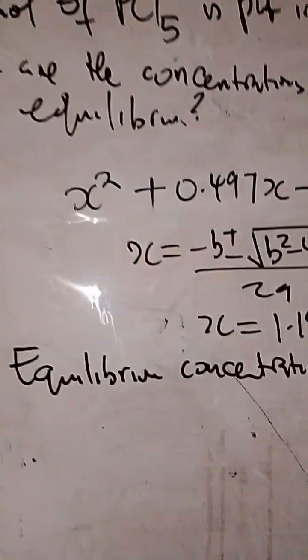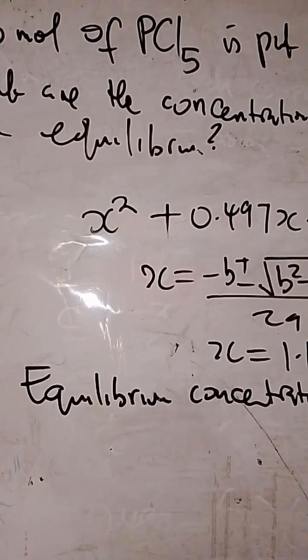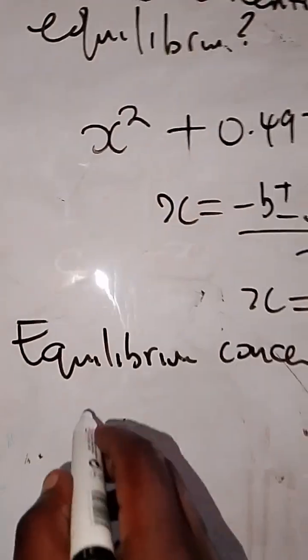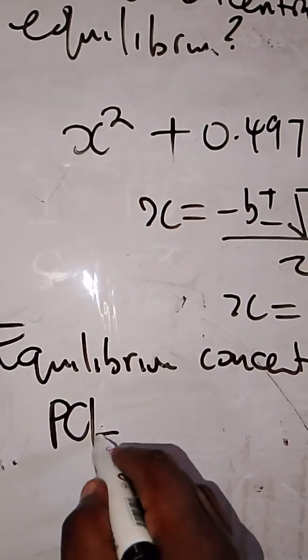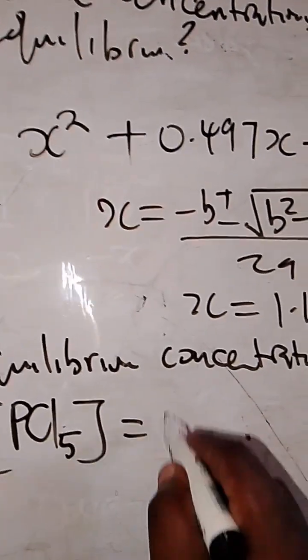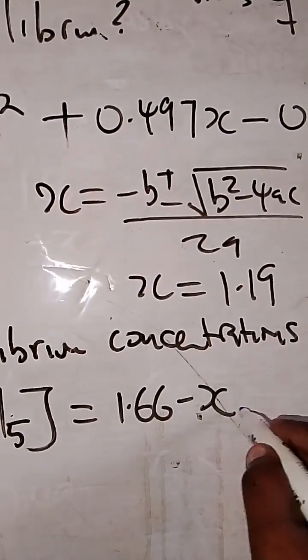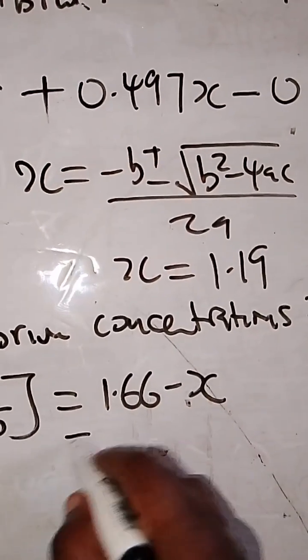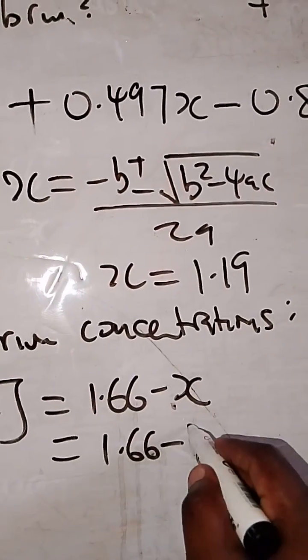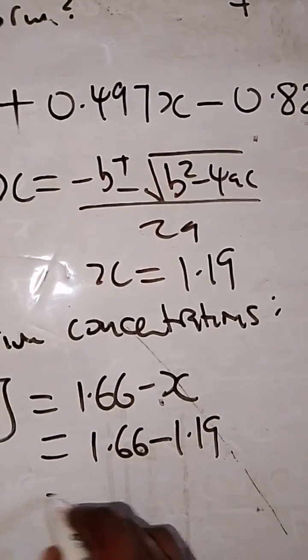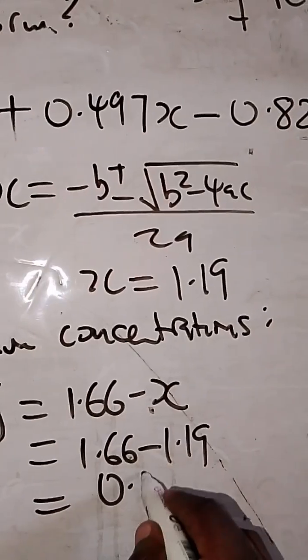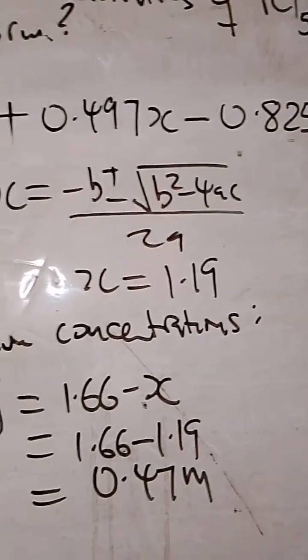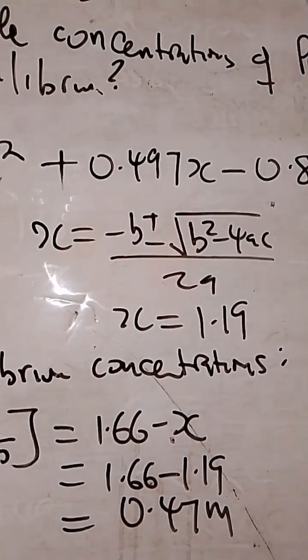What are these equilibrium concentrations? From the table we know PCl5 is equal to 1.66 minus X. X is known, 1.66 minus 1.19, which gives us 0.47 molar.